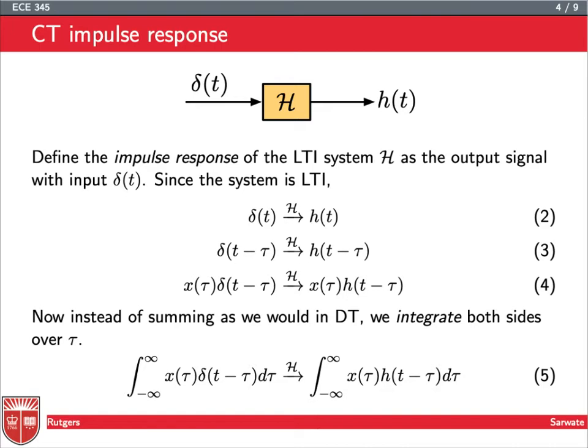Now, because integration is also a linear operation, it kind of acts like a sum, we can argue, and this is where I'm waving my hands a little bit mathematically, because you have to be a little bit careful here, but you get that the integral of x of tau delta of t minus tau is the integral of x of tau h of t minus tau, the impulse response. So this is the CT convolution.